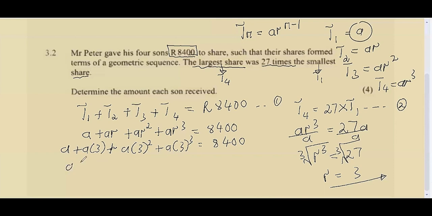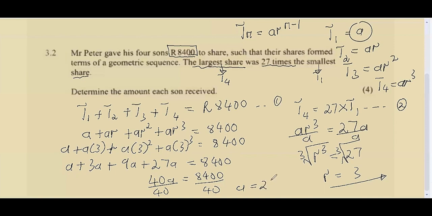Now, this is a plus 3a plus 9a plus 27a is equal to 8,400. Now, if you add all this, it gives us 40a, and then it's equal to 8,400. To get the value of a, divide both sides by 40, and then the value of a is equal to 210. So the first share, or the smallest share, would be 210.